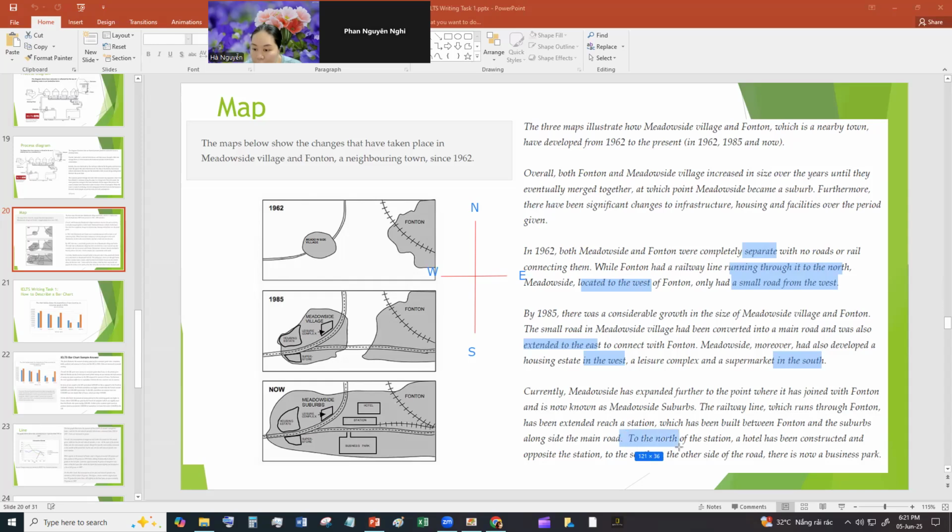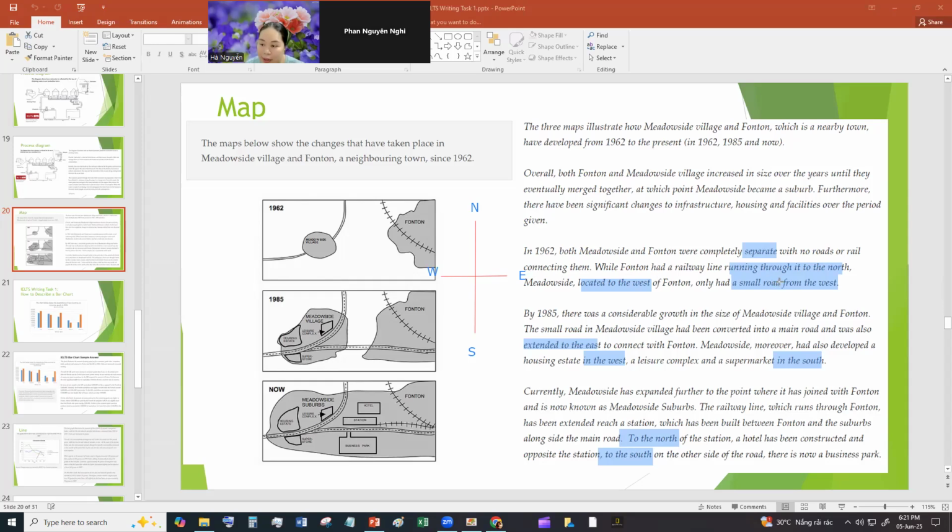To the north of the station, to the south on the other side of the road. Okay, so there you go. Now you see, if there is a compass, you rely on that compass. If not, the standard one is north, south, east, west, like this.